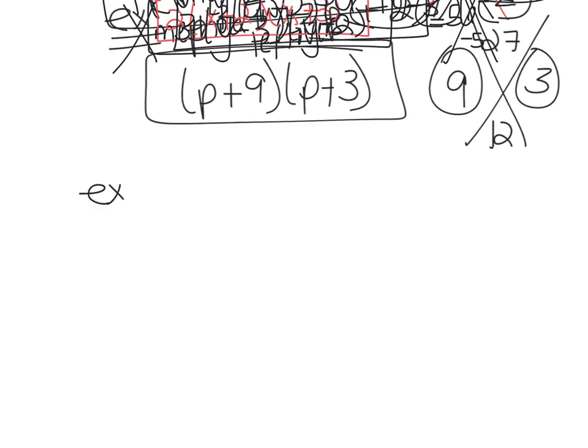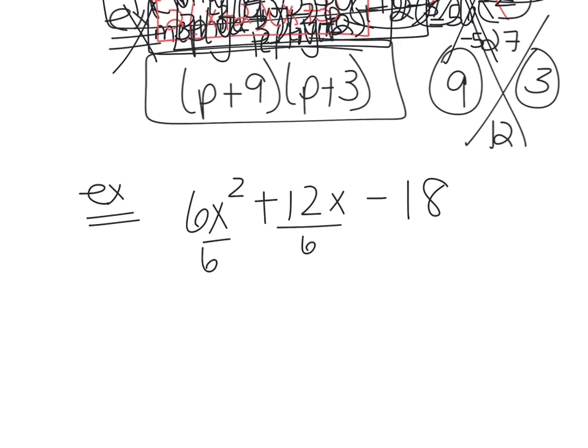Okay, so now what if I had this type of problem? 6x squared plus 12x minus 18. So, do I have a GCF? Yes. 6. So I'm going to divide everybody by 6.